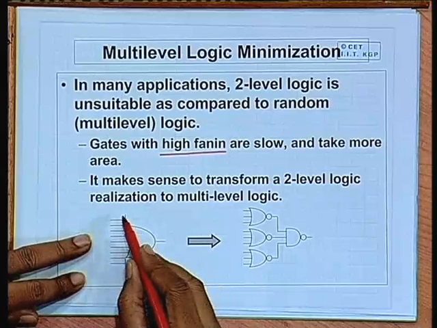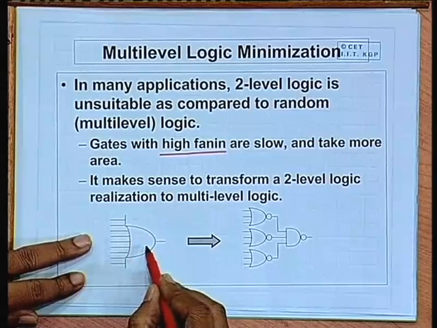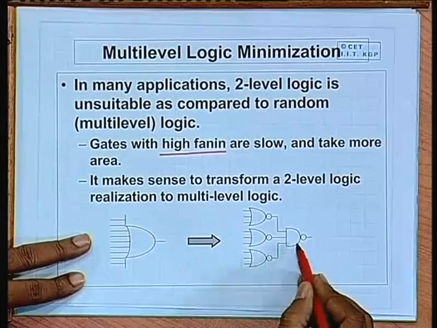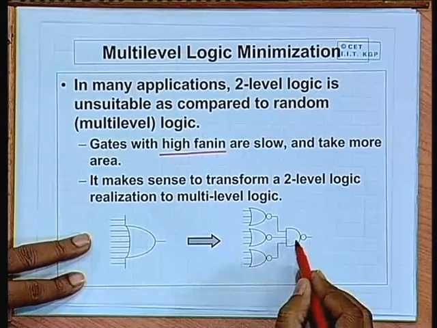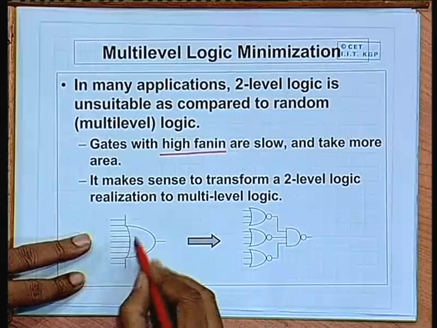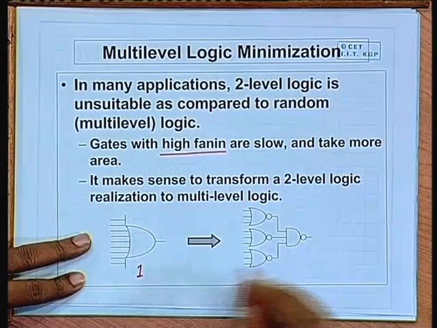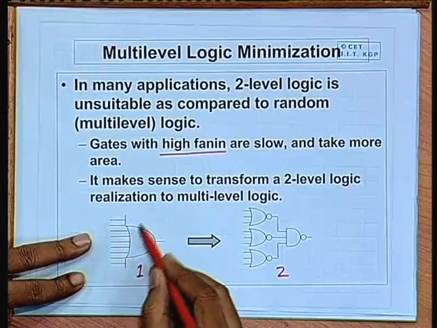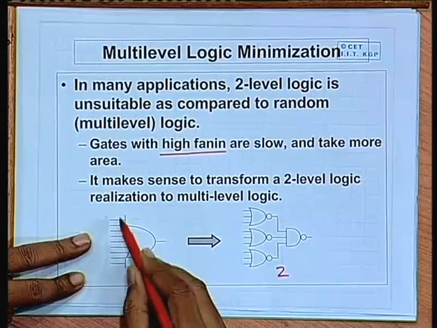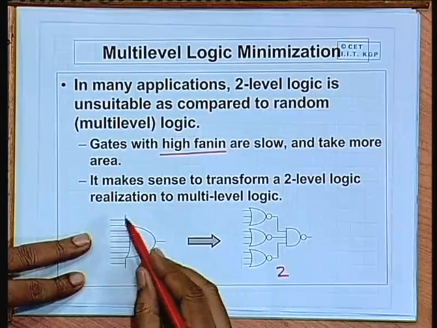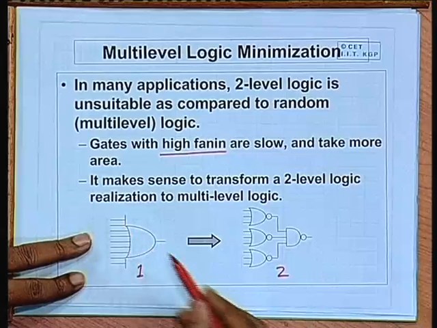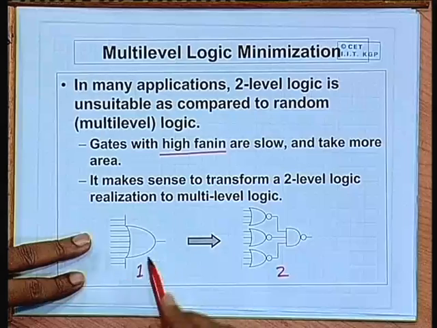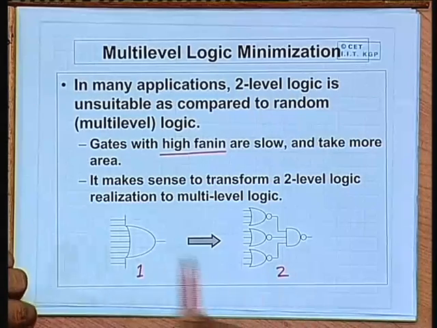Now this 9 input OR gate you can implement in two-level realization like this using NOR and NAND. Apparently you can say that here there is only one level and here there are two levels, but in practice this gate is much slower because of this high fan-in, because of the high capacitive load, as I had mentioned in the last class.